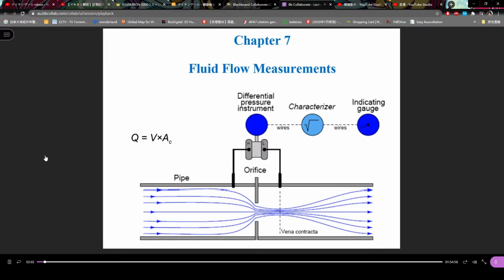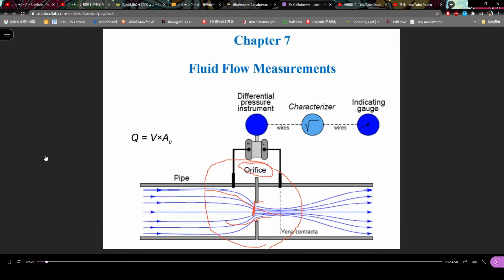You see, most flow measurements are based on this principle. It means to narrow the path of water or air. You see, a smaller opening, adding an orifice or other instrument, so that the path is narrowed.